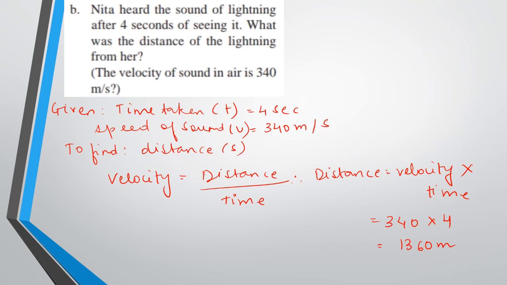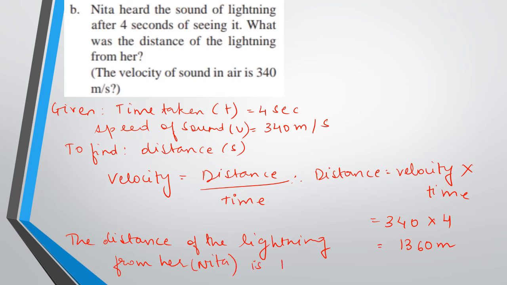So the distance of lightning from her, or from Neeta, is 1360 meters.